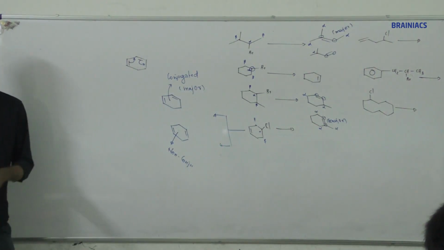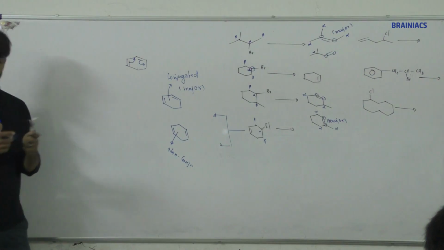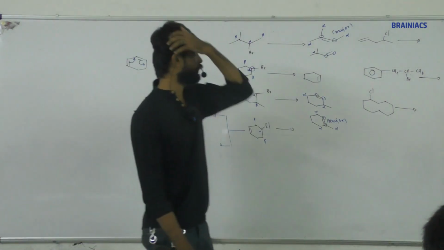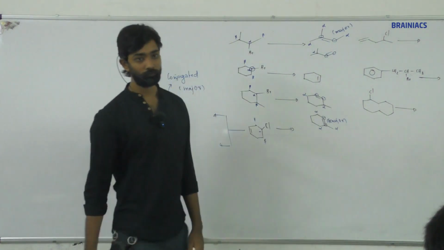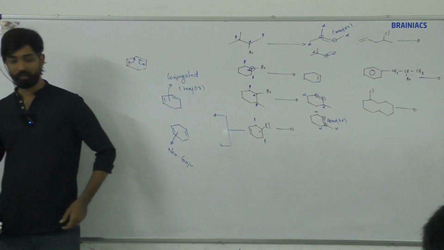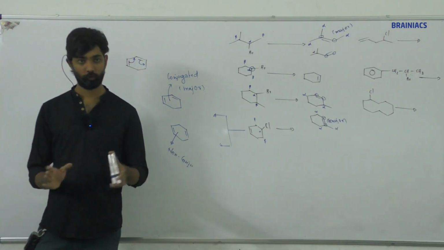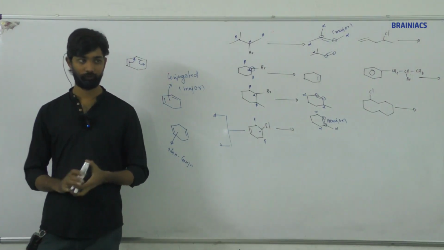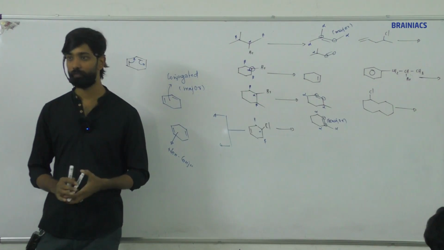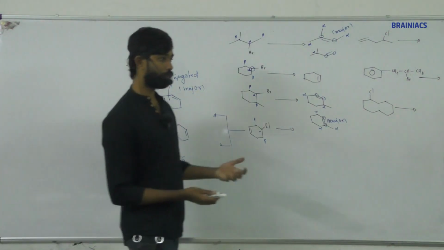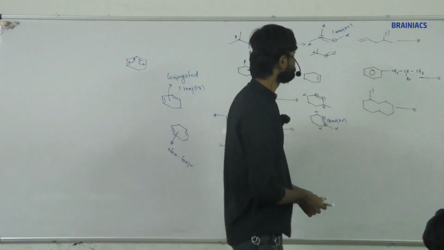The first preference is for conjugation, and only then do we consider the alpha hydrogens. Resonance has a greater effect than hyperconjugation. So if there is conjugation, give the preference to conjugation first when comparing stability, and only then can you compare the substitution. Okay, what about the next?